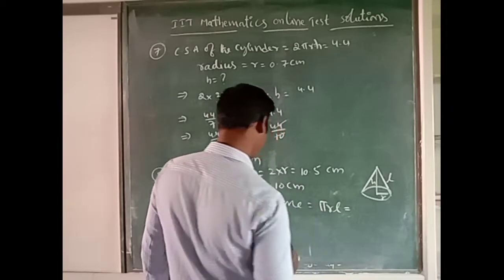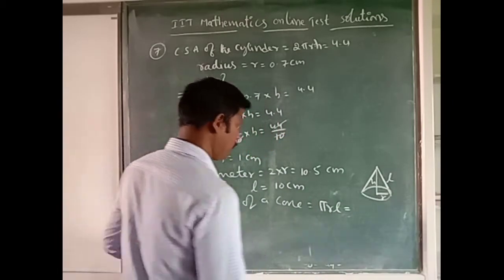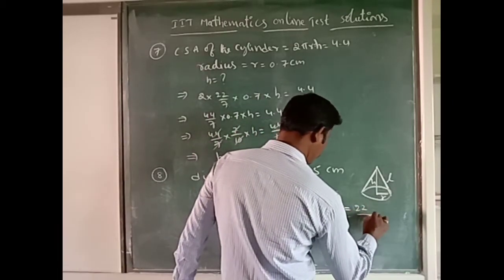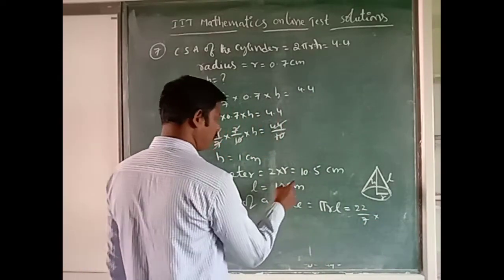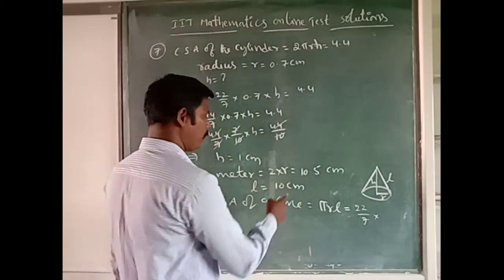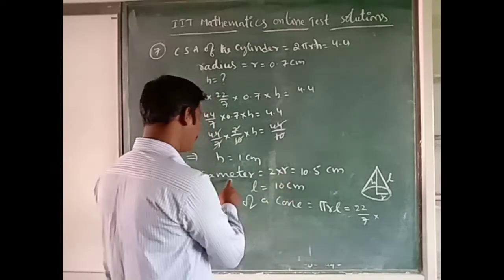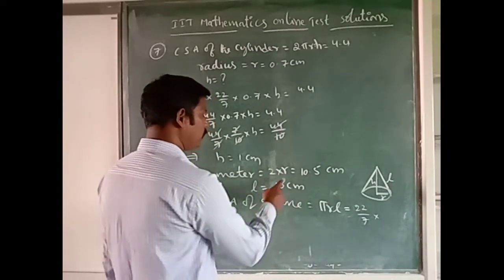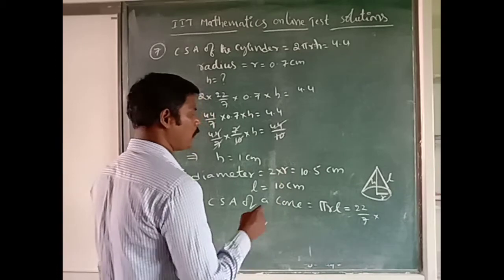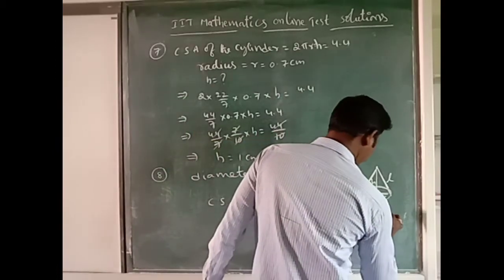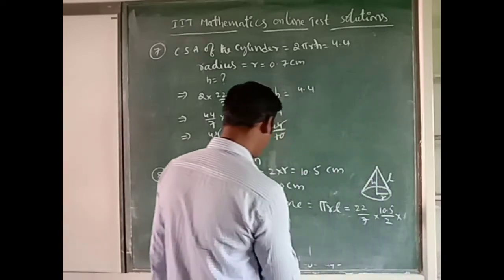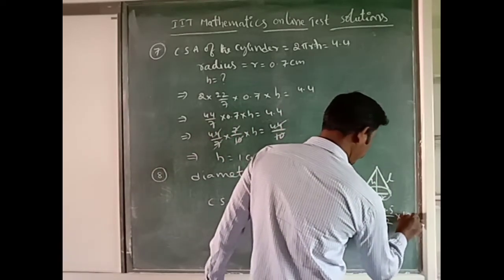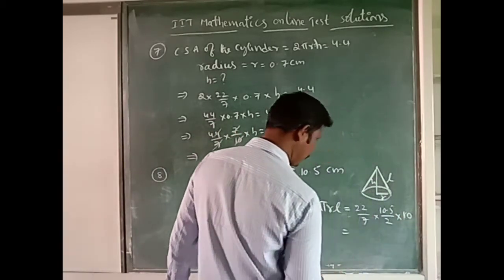According to the question, π value is 22/7. Next, the r value we don't know, but the diameter is equal to 10.5. So how to write the r value? 10.5/2, into slant height, how much? 10.